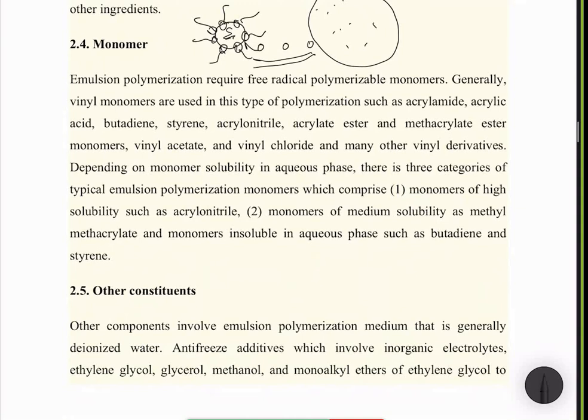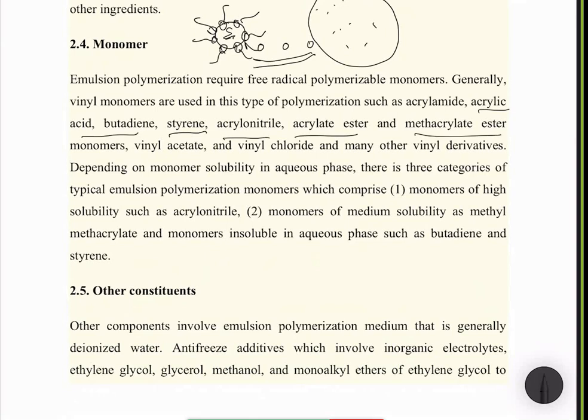Now, regarding monomer, the monomer should be hydrophobic as already mentioned, and they should be vinyl derivatives, because you are adopting a free radical polymerization. So monomers such as acrylic acid, butadiene, styrene, acrylonitrile, acrylate ester, methacrylate ester, etc. can be used.